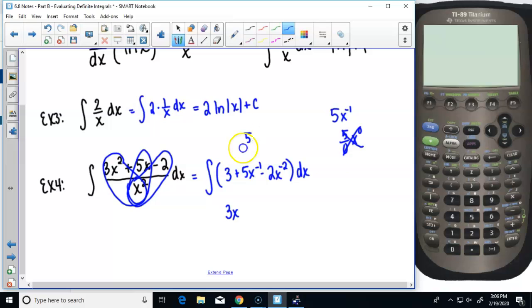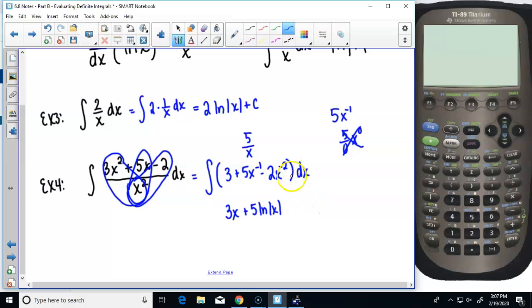This is 5 over x, and the integral of 5 over x would be 5 natural log of the absolute value of x. So if you find yourself doing that power rule and you're having to divide by 0, then it's really supposed to be natural log for that one.